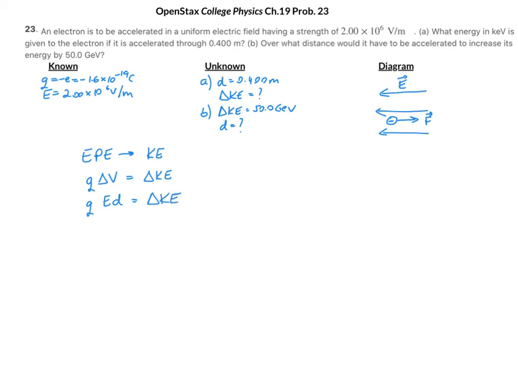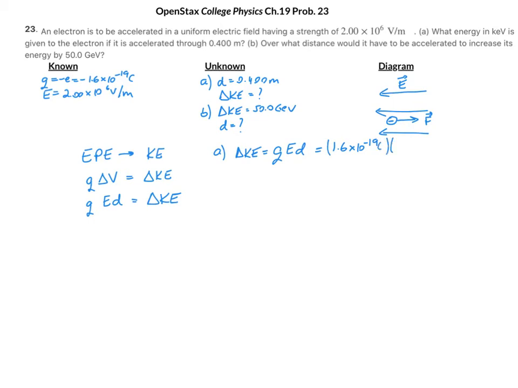So now we know everything we need for part A. So for part A, we know that delta KE then is qE times d, and q is the absolute value of the charge, 1.6 times 10 to the negative 19th coulombs.